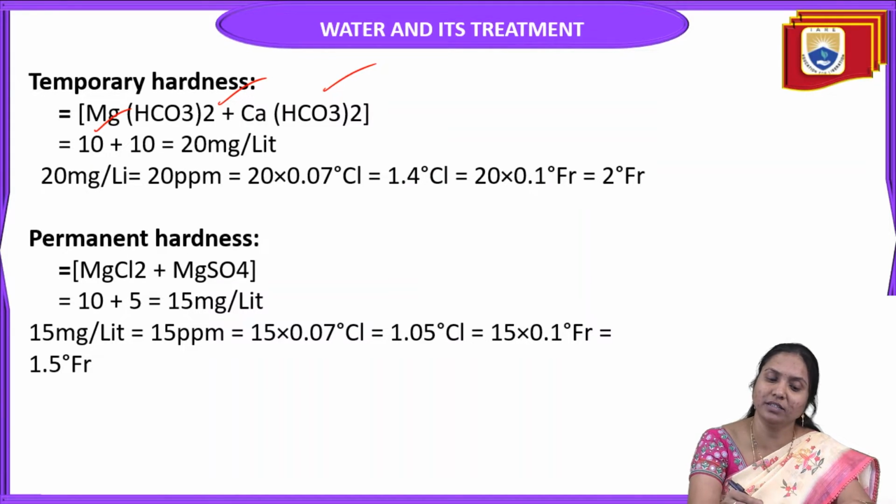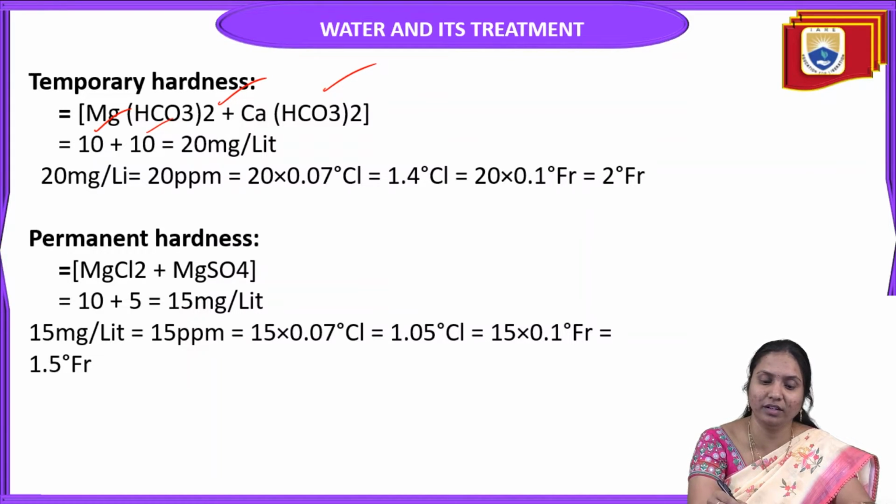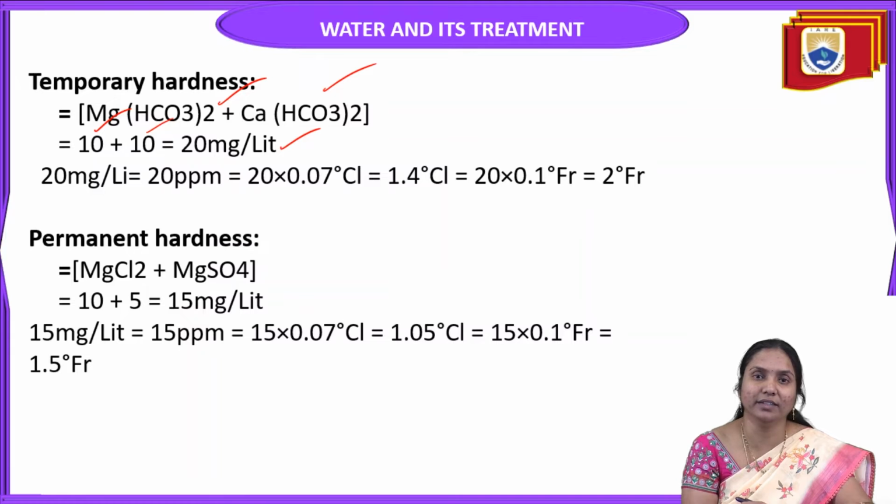Calcium bicarbonate is also 10. So it is equal to 20 milligram per liter. The data is given in milligram per liter, so we can convert it into ppm, Clerk's degree and French degree.